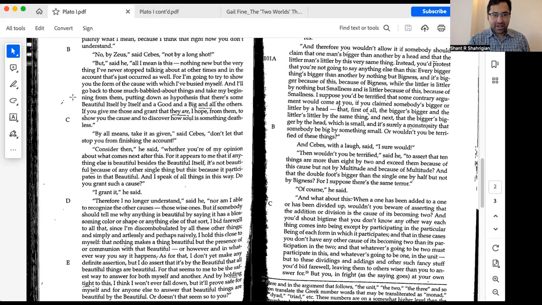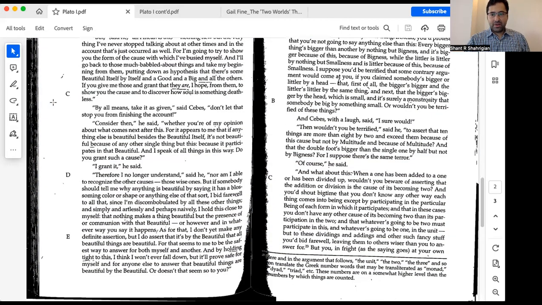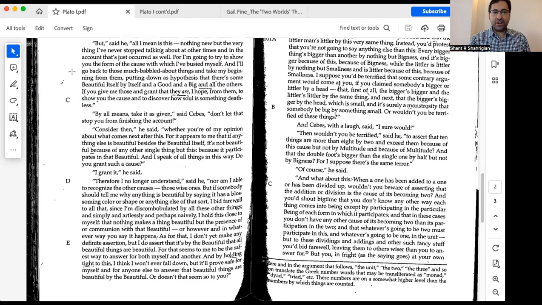There's a beautiful itself by itself that endows these examples with their beauty. And even if we don't encounter the beautiful itself by itself, it's this hypothetical construct, this form of beauty. It's what Socrates is positing. He says it's a hypothesis that explains our day-to-day experience of beauty.